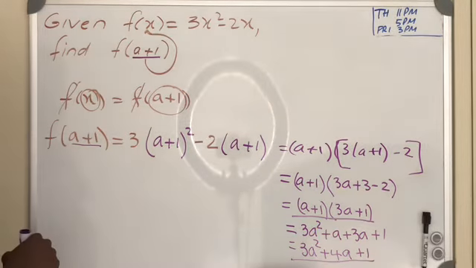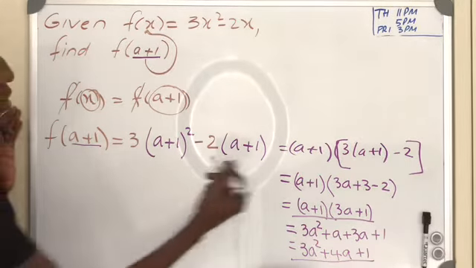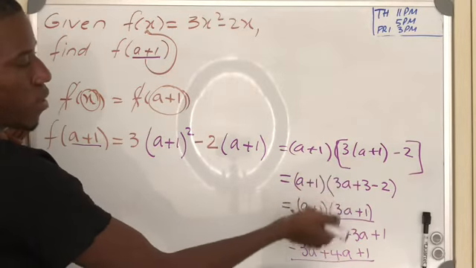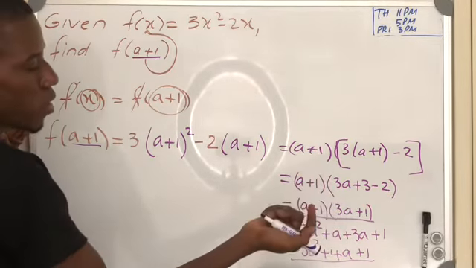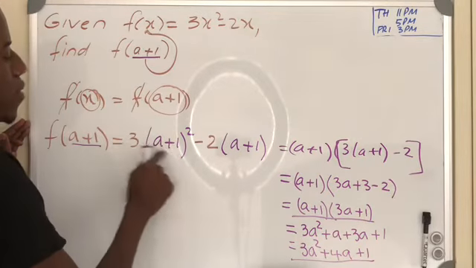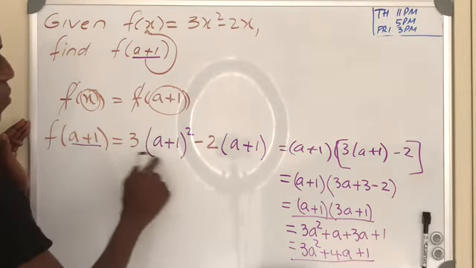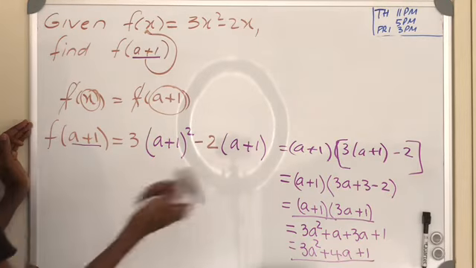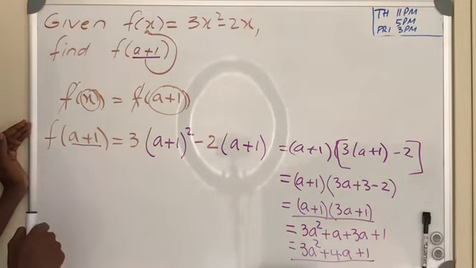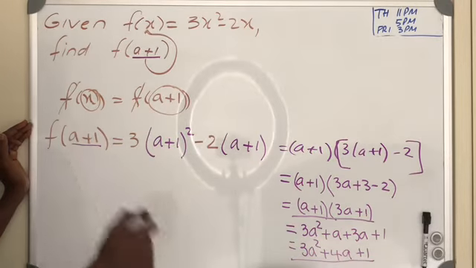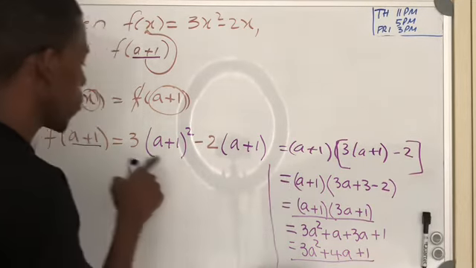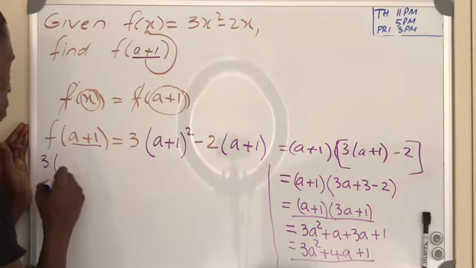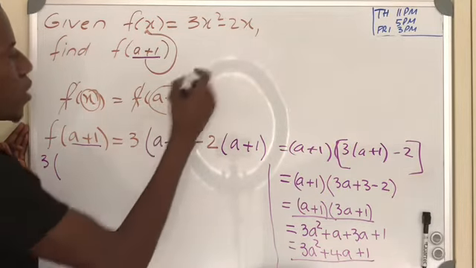If I don't know how to factorize it, I can easily do all of this multiplication, and at the end I combine like terms, and then I will find the solution. Let's see if I'm right. I have 3 times a plus 1 squared.